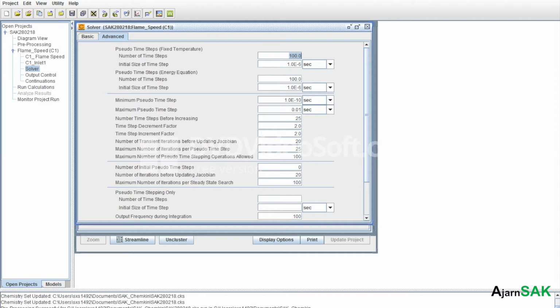For example, in the first iteration, what's your time step? If it's like 10 to minus 6, 1 microsecond, it will do like this. If it's 10 to minus 10, it will resolve like this. This is more probable to give you the answer.